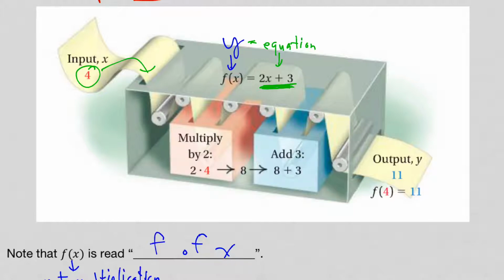The instructions in this case would be: take that x, which is the input, multiply it by 2, and then add 3 to it. So 4 times 2 would be 8, and then 8 plus 3 would be 11. That is what the machine is doing, and so if you put in a 4, you're going to get an 11.